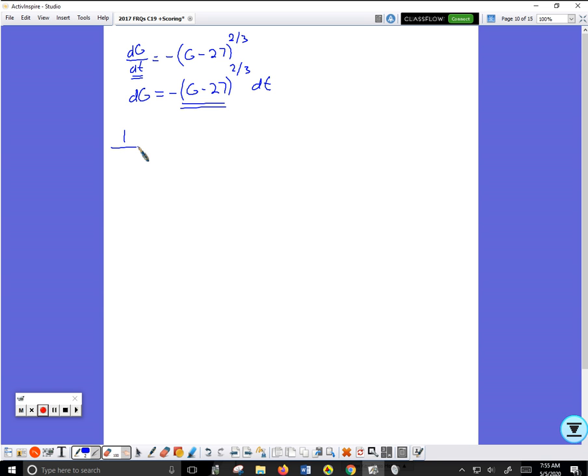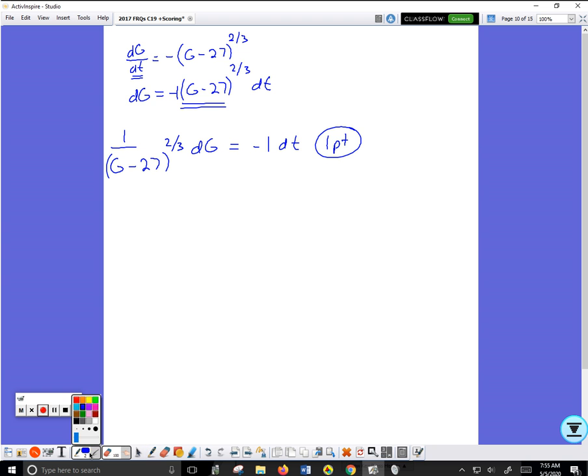The negative can kind of go wherever I want it to go. It doesn't really matter because it's just -1 multiplied by. I don't really know which way is better, so this will have to do for now. 2/3 dG is going to equal -1 dt. If I get that far, I get 1 point for correctly separating the variables.